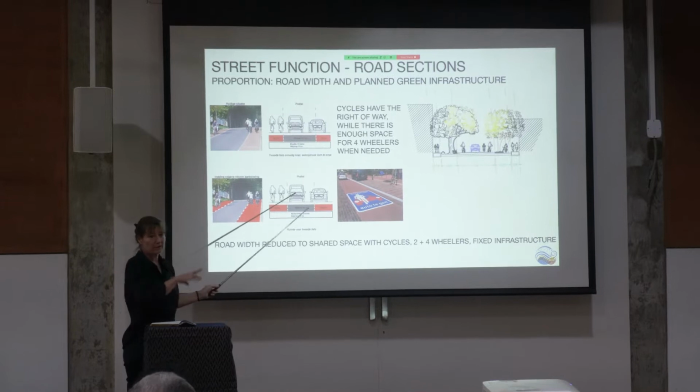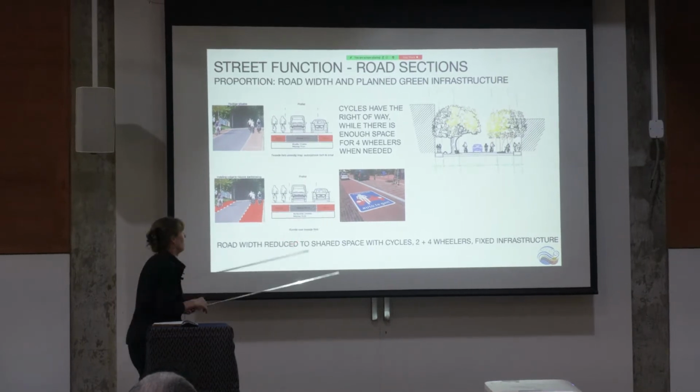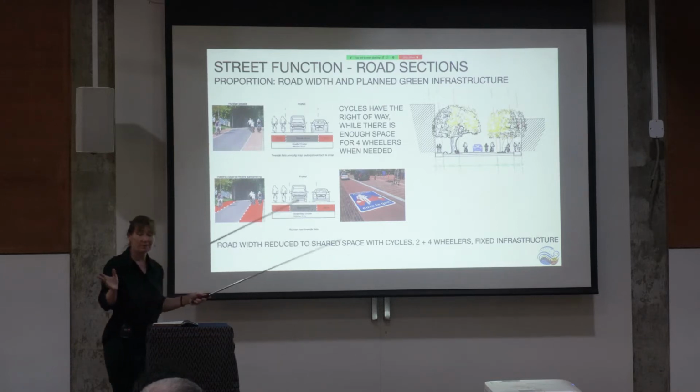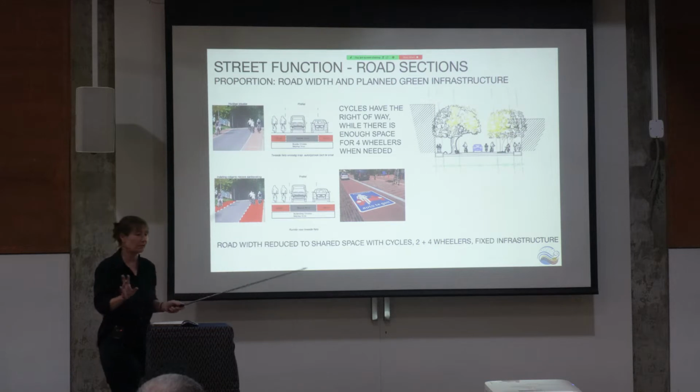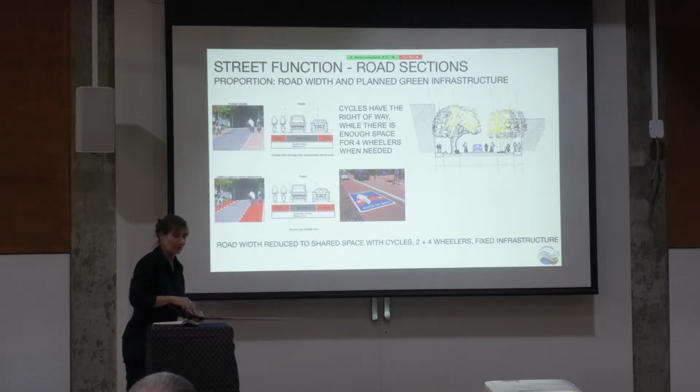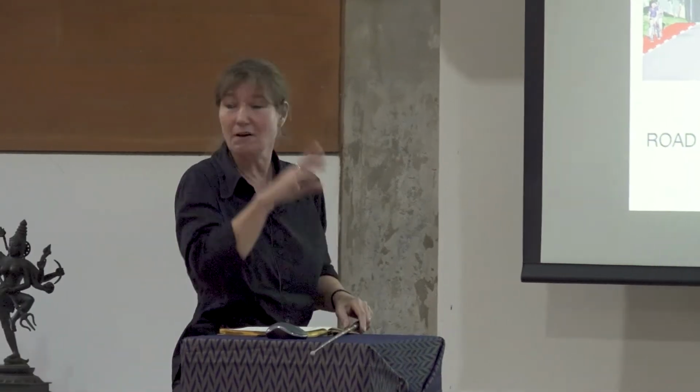It doesn't include the pedestrians. The pedestrians are aside. But I feel it can be less also. This is just to show that even in the worst case scenario, 2 emergency vehicles can pass each other, and there's even still space for cyclists at that point. So I like a lot of the proposals, people reducing the width of the road much further.